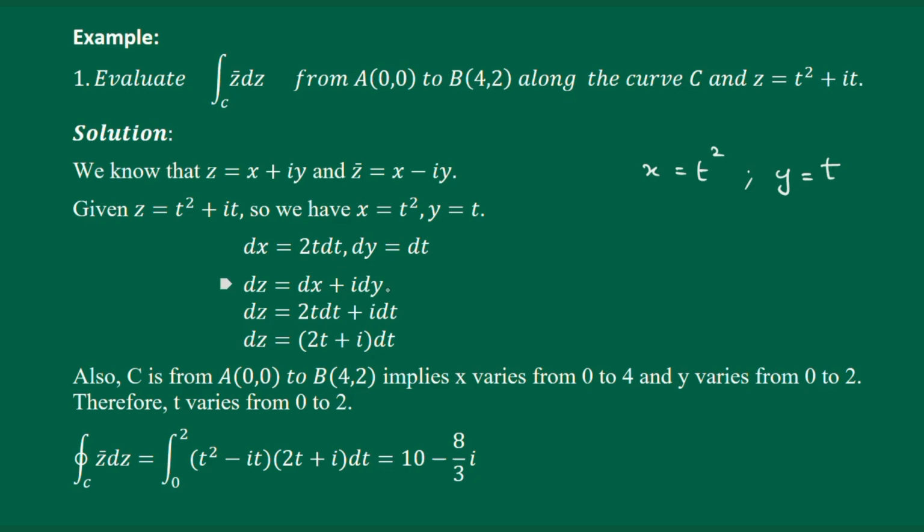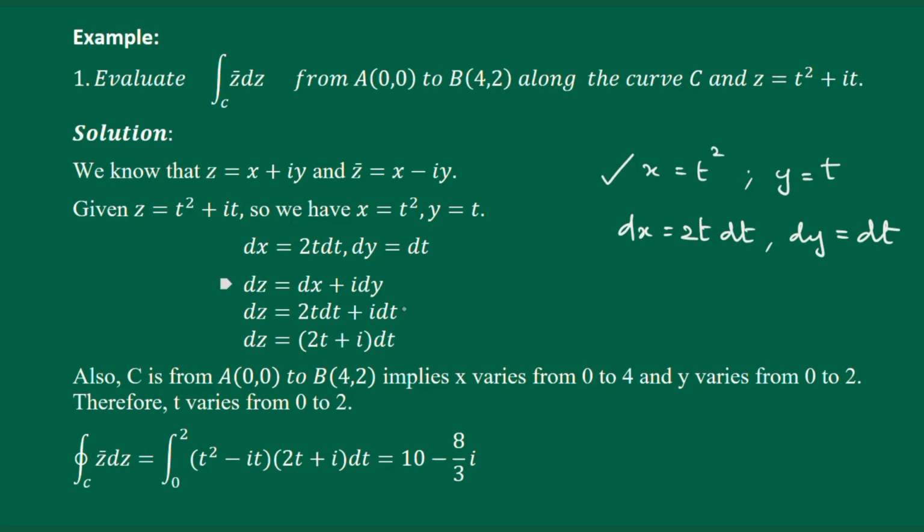We have to substitute both in the given integral, so the integral of z bar dz is equal to the integral where z bar is replaced as t square minus it, and instead of dz we have 2t plus i into dt. Why is it 2t plus i into dt? Already I told you that x is equal to t square and y is equal to t, so dx can be written as 2t dt and dy is equal to dt.